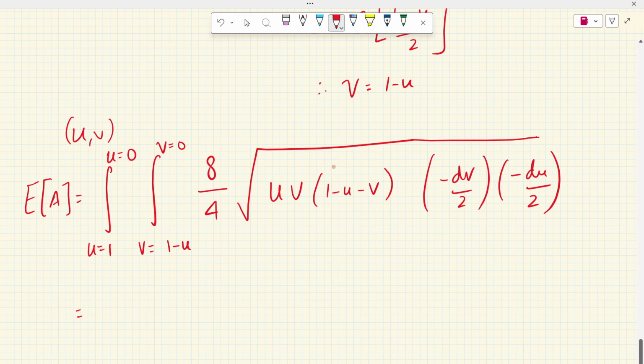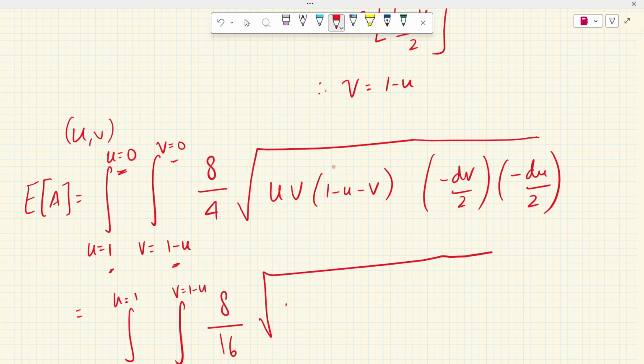When we simplify, we'll invert the limits for both of these, and that will absorb the minus signs here and here. So u goes from 0 to 1, v goes from 0 to 1 minus u, and then this 2 times 2, 4, 16, okay? And then this becomes uv into 1 minus u minus v, dv du.